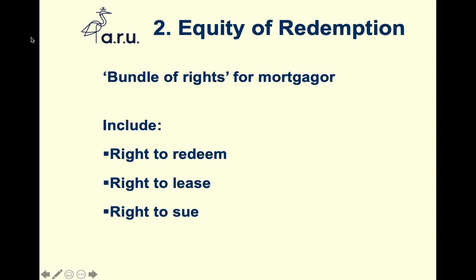What then happens is that creates a bundle of rights for the borrower, inclusive of that right to redeem, and as well as that, the right to let the property out in order to satisfy funds if they're allowed to do so, obviously under the terms of the contract, and the right to sue. So this bundle of rights is an interest in the land for the borrower.